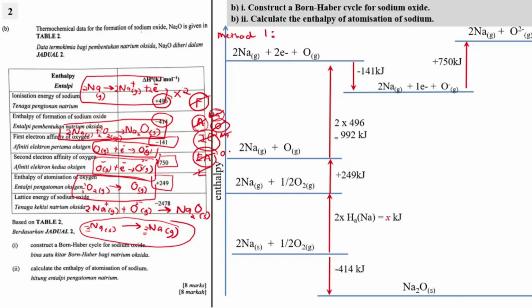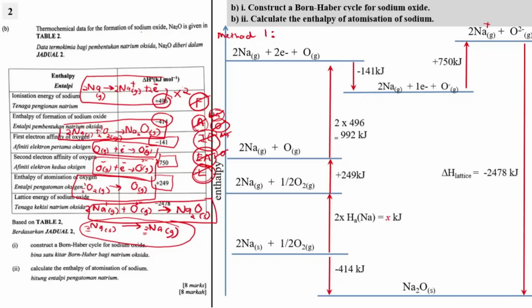Lastly, we're going to do the lattice energy. Lattice energy is from the 2Na plus gaseous ions reacting with O2 minus gaseous ion in order to form Na2O solid. So we're going to make a line going down there, which is this part, and it's going to give the value of negative 2478 kilojoule.